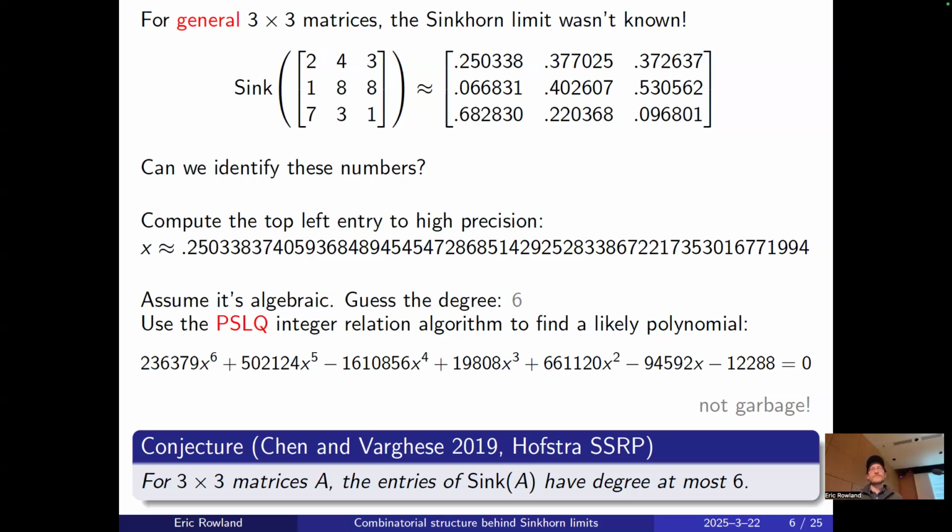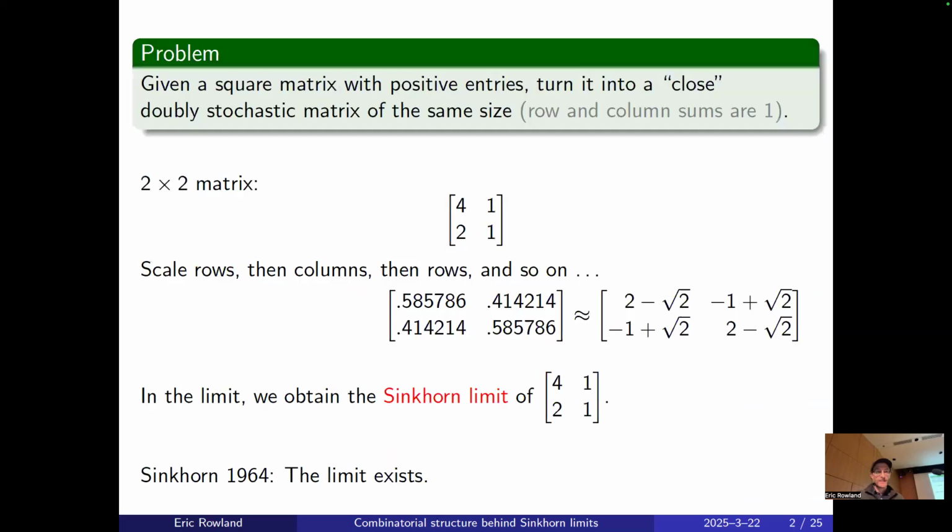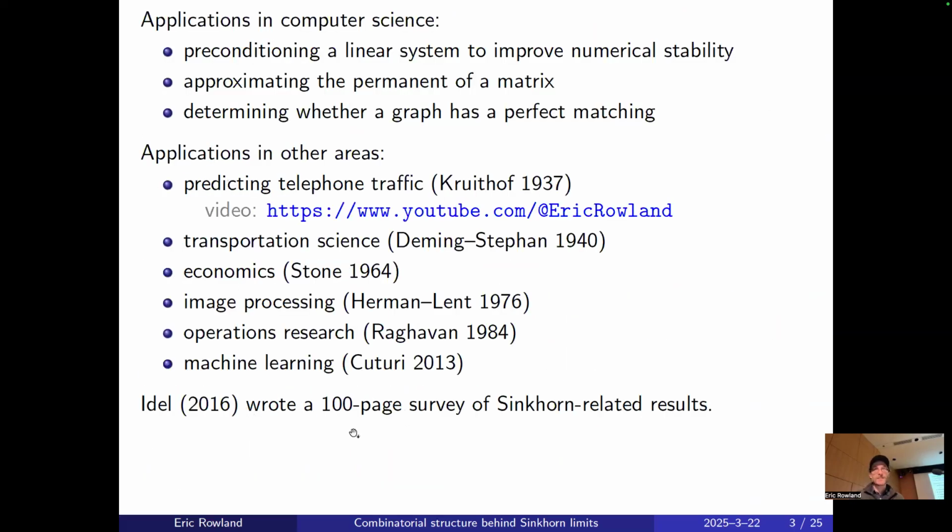The equation identifies not only the convergence points, but also things like the divergence points. Particularly the Sinkhorn process is known to have a divergence point, but I don't know anything else about it. The first place I would look is Adele's 100-page survey on the archive. If it's anywhere, it's going to be there. But I don't know the answer.